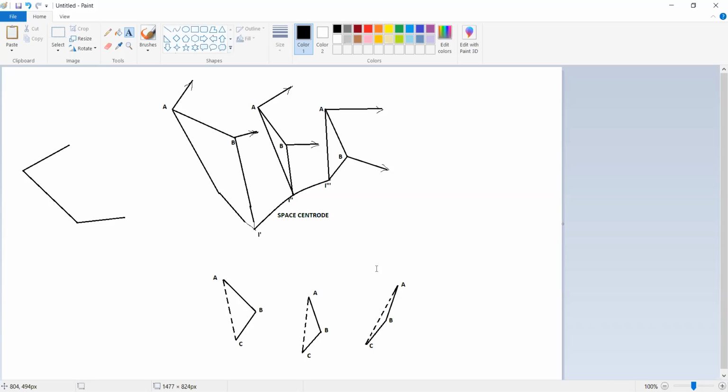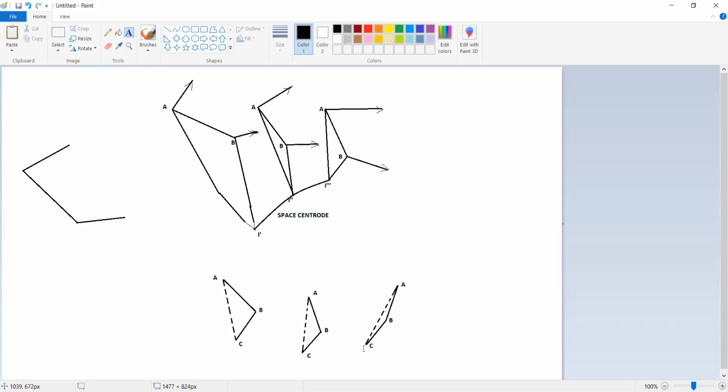When I move it, the position of this will be changing. Now the AB link, if I make a rotation by picking this A point, the position will be here and the C link will be here. Then if I continue to rotate it, you can see A is coming very close to B.